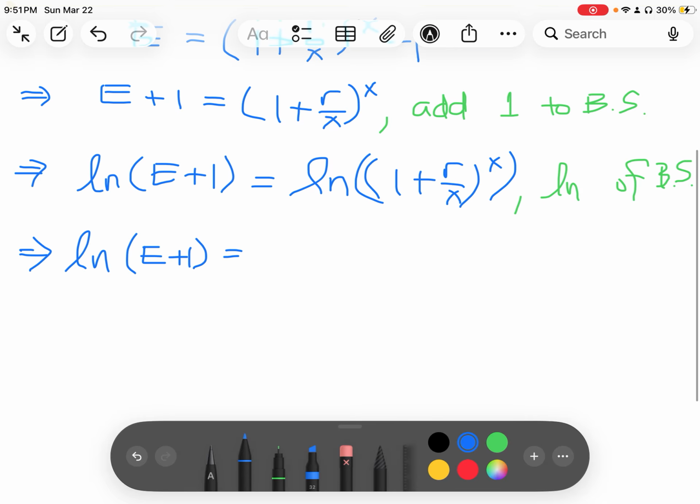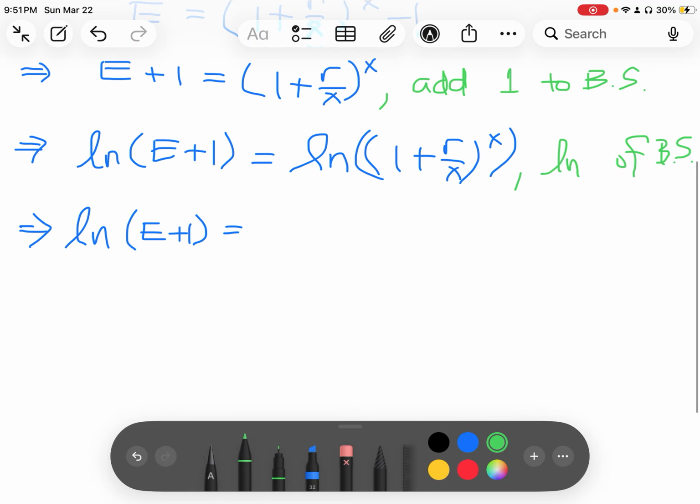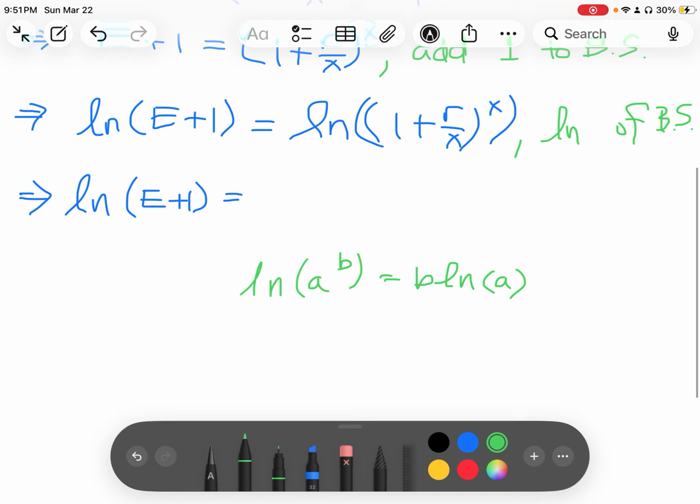So what the log rules are: we have ln of a to the power of b, this is b ln a. We also have ln of a times b, this is ln of a plus ln of b.